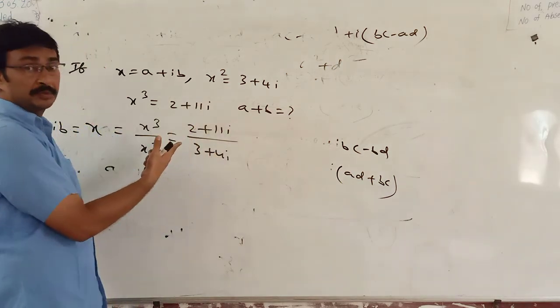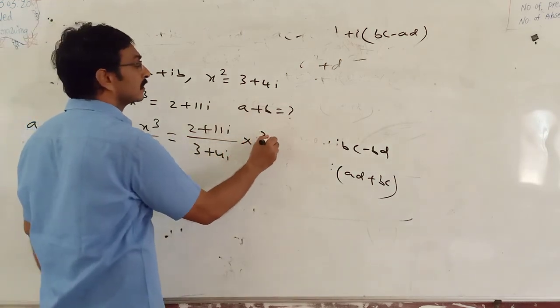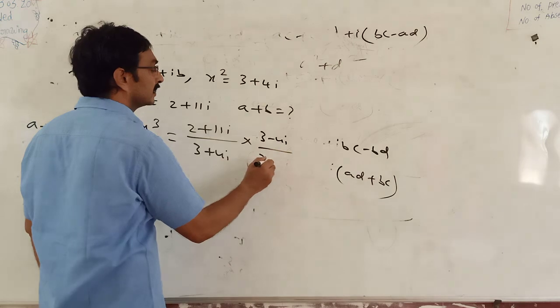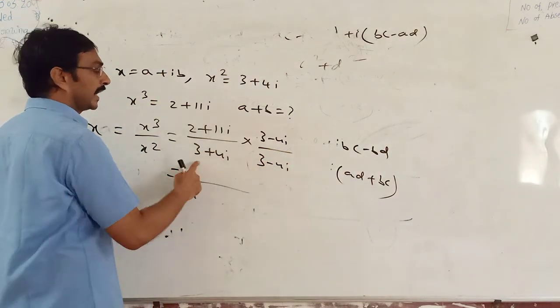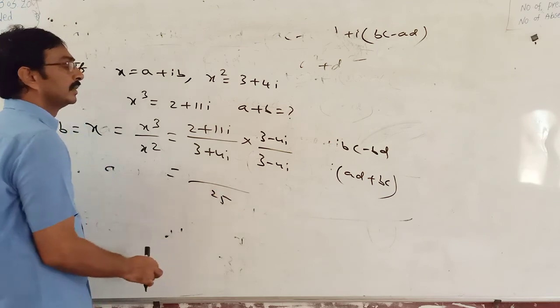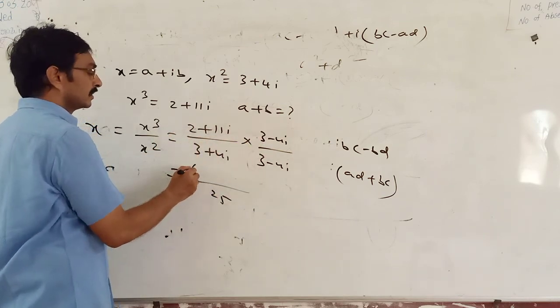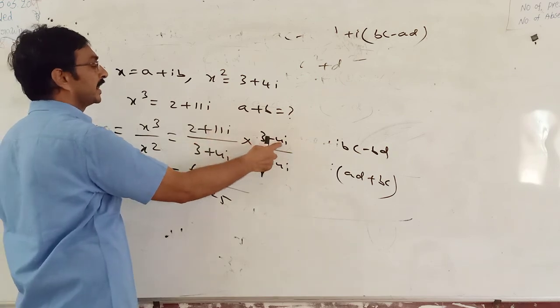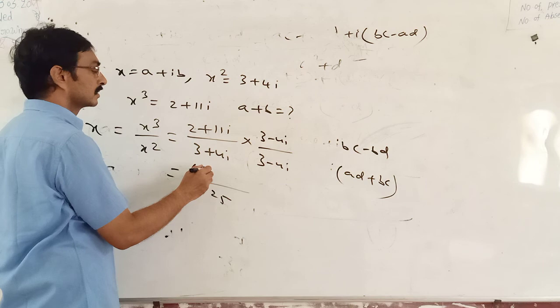See, division of two complex numbers. So the working rule: rationalize the denominator. Multiply and divide with 3 minus 4i. So clearly the denominator is 9 plus 16, 25. Numerator, real part: 2 into 3, 6; 11i into minus 4i, i square is minus 1, therefore plus 44.